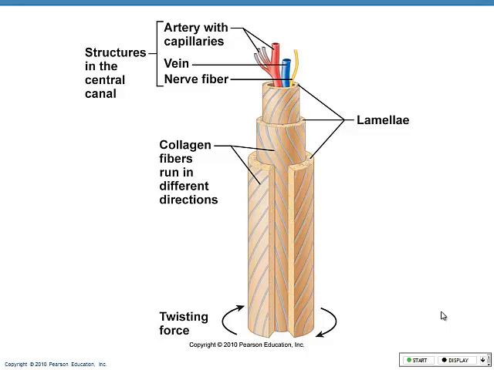That's how your bone is formed too. So all those little layers don't all go in the same direction. They go in opposite directions, just like a braided rope. Those collagen fibers going in different directions are going to help give the bone strength. I used to show this neat movie in lab many, many years ago where they have a femur and they actually balance a Volkswagen on it.